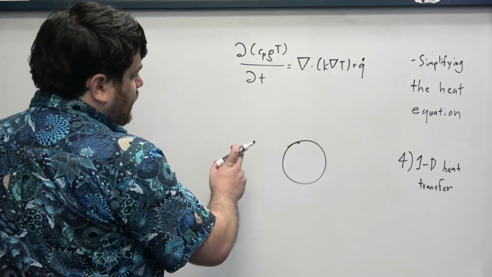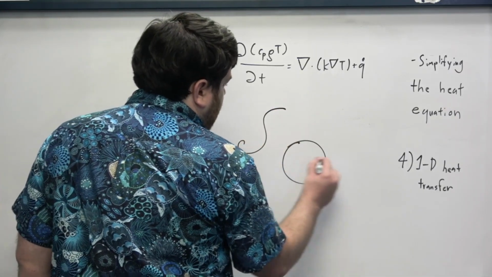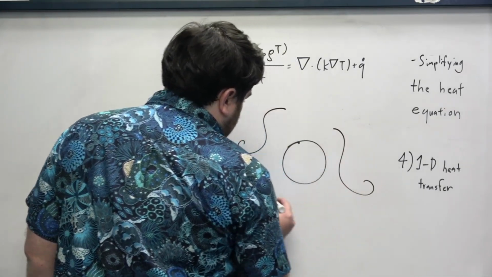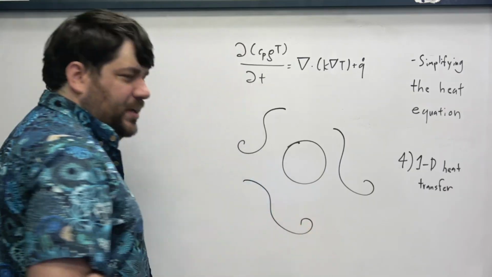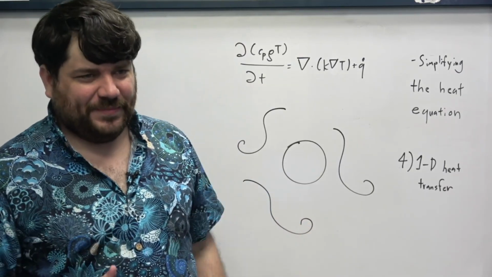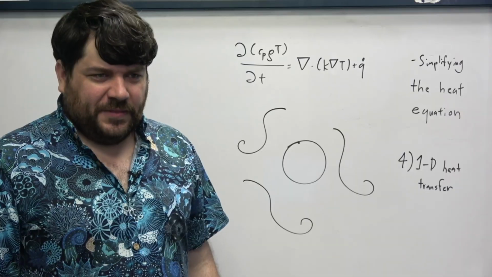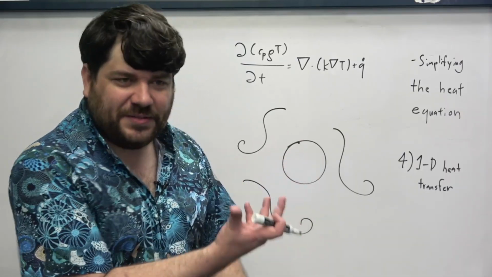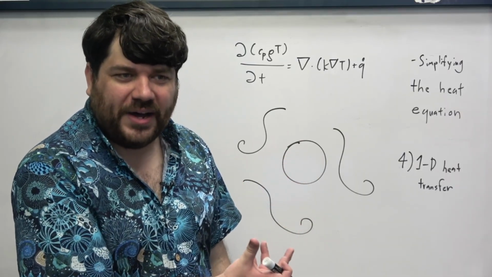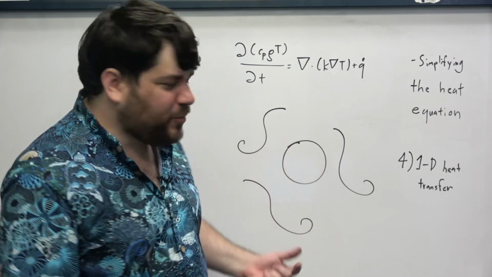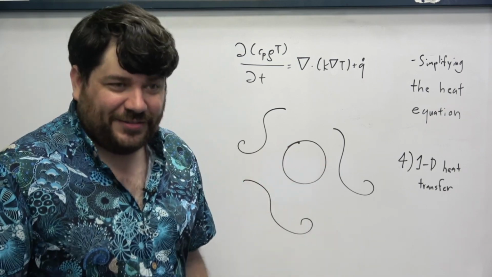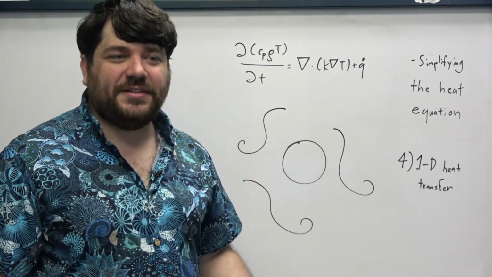And this thing is surrounded by fluid, which can be water or air, whatever. Doesn't really matter. And you can imagine that this nuclear fuel rod inside of this nuclear power plant can get pretty hot. So it's going to be transferring a lot of that heat into the environment.